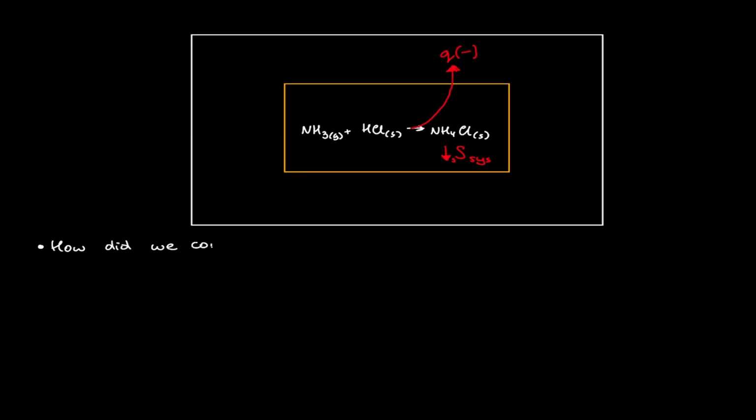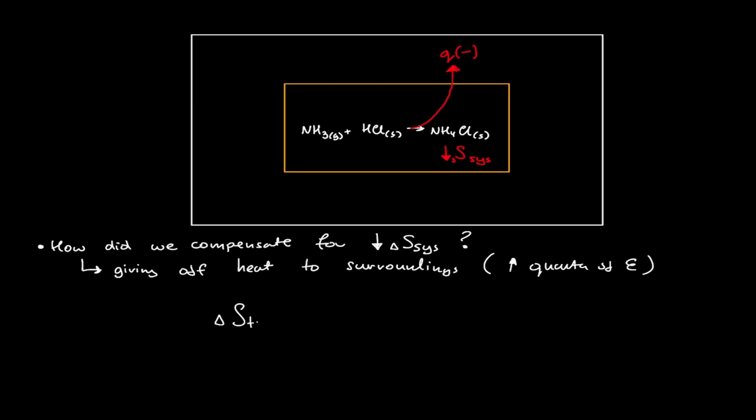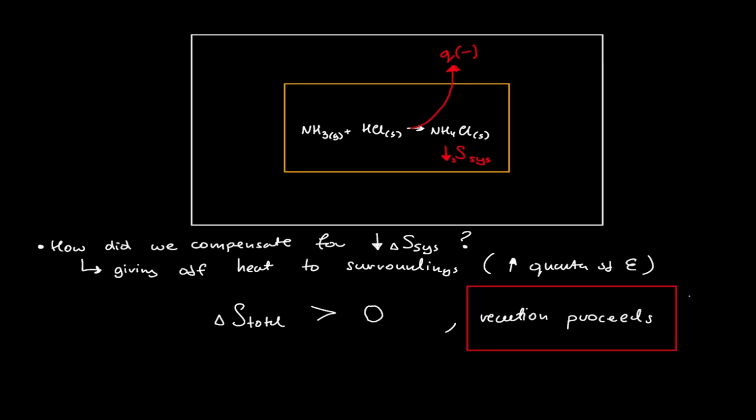So reactants were on a higher level, went to the lower level, and emitted a lot of heat to the surroundings. By increasing the temperature of the surroundings, we increase the entropy because we increase the kinetic energy of the molecules around, they move faster, and there's basically more quanta of energy there.